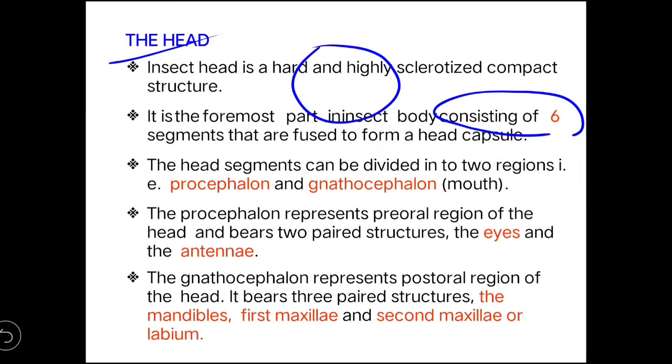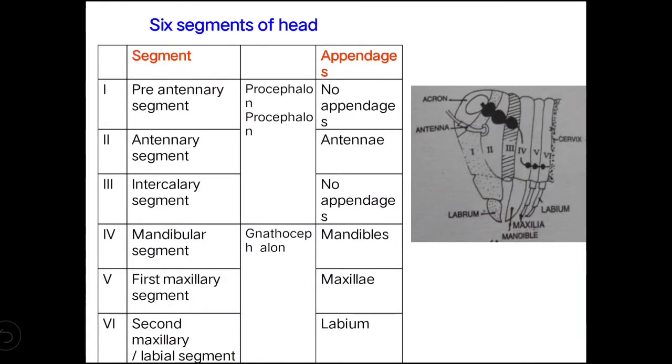So again this head is divided into two regions. One is procephalon, another one is gnathocephalon. The head is divided into 6 segments. So 3 segments will come under the procephalon, another 3 segments will come under the gnathocephalon. Okay, next we will see these segments.